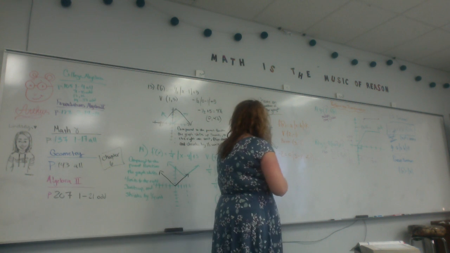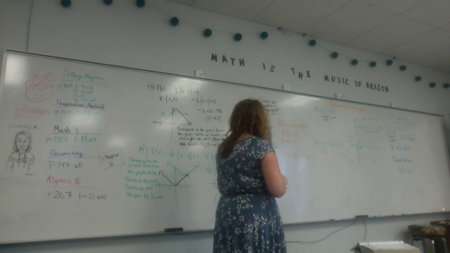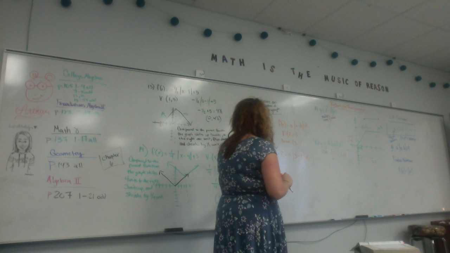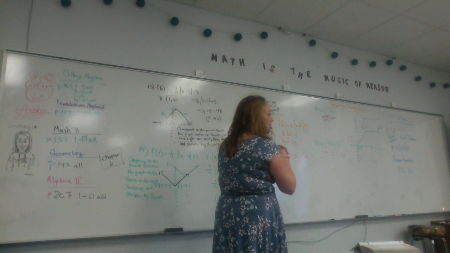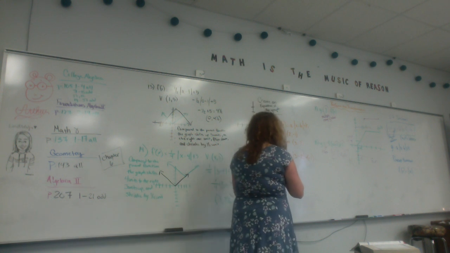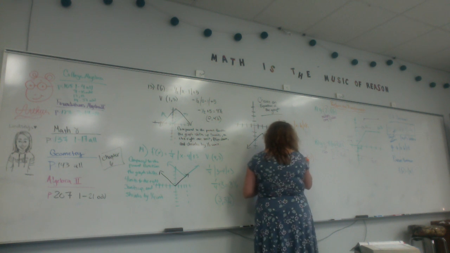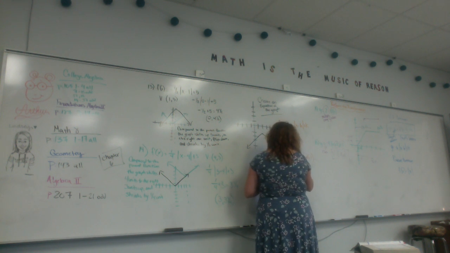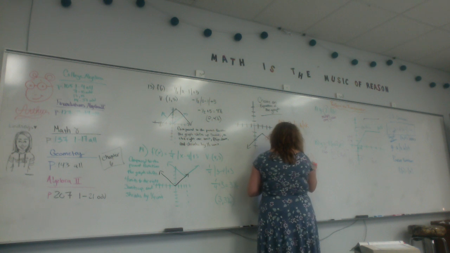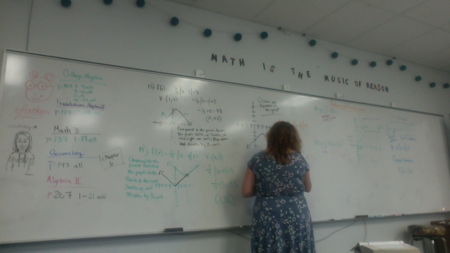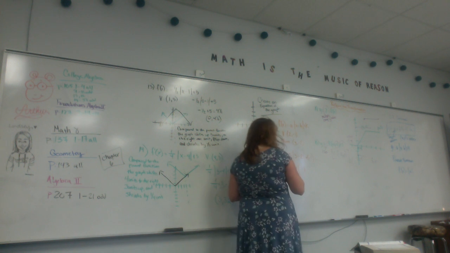I can plug that in, so now all I have is an a to figure out. Process that for a second. What does that mean? That means if I have all that information, I can solve for a, and then I can take a and my vertex and create an equation at the end. Okay? So I solve from here. -2 equals a times the absolute value of 1 minus 1. Absolute value of 1 is 1, so then 1 times a is a minus 1, like that. Yes? Okay.